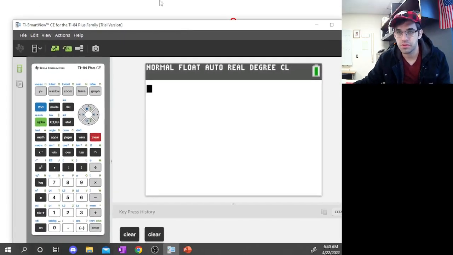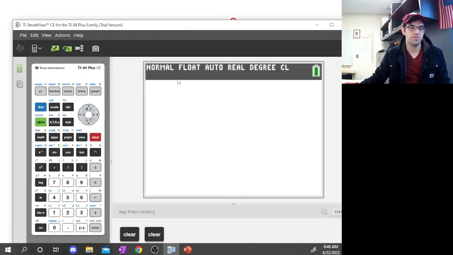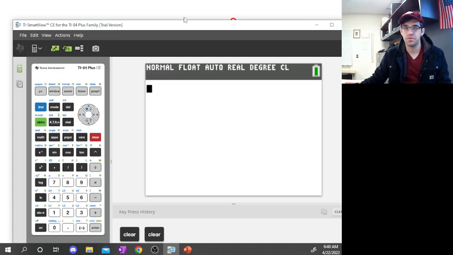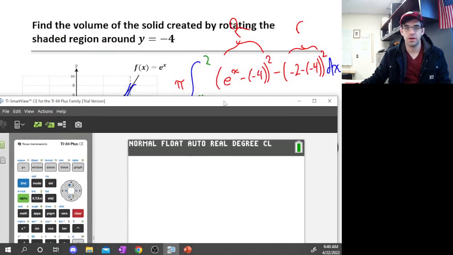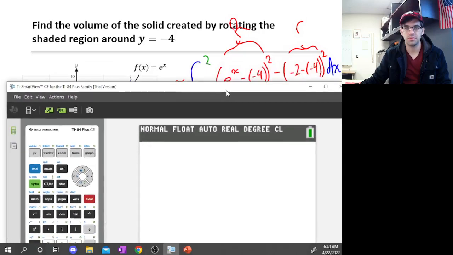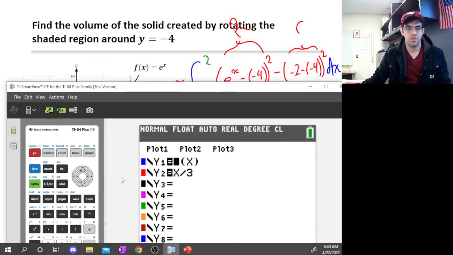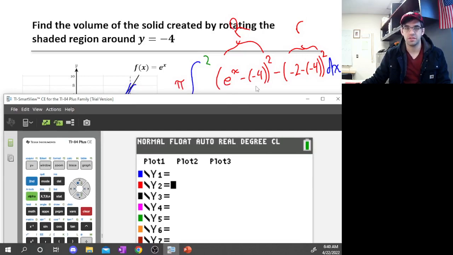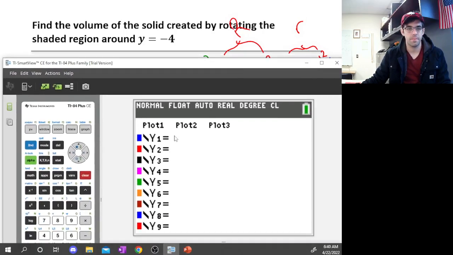And this time when we do this, we're going to use Math 9. But first, I want to make it clean. And since we've got a lot of stuff going on in our integral, I'm going to type some of this into our Y= screen. We're going to use our Y-Vars stuff to do this. So the top function, I'm going to put e to the power of x plus 4, and I'm going to square that.